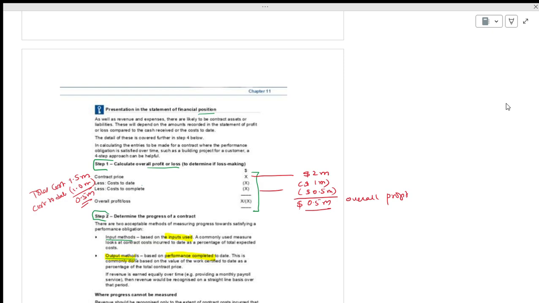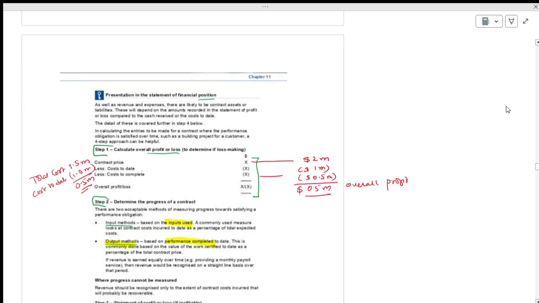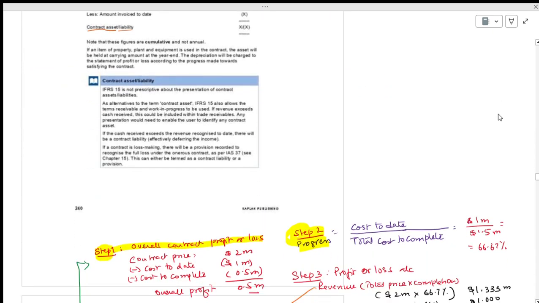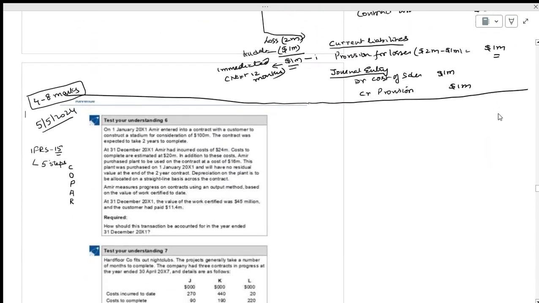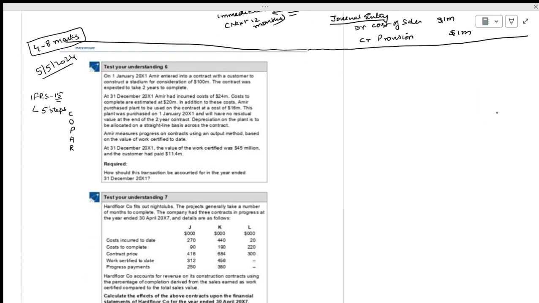Four steps are there. First, you have to calculate the overall profit. Second, we have to calculate the progress. Third, we have to calculate the statement of profit and loss account, and subsequently we have to show it in the statement of financial position. These are two different things.